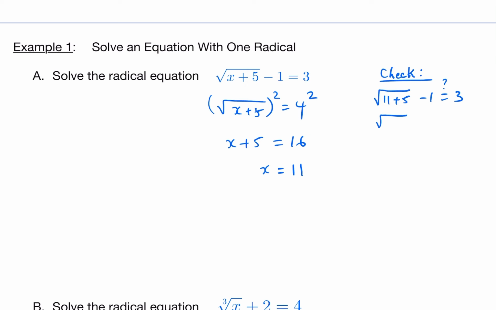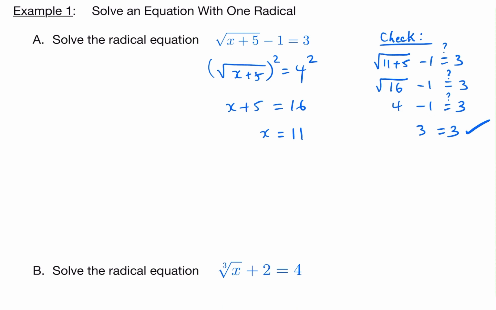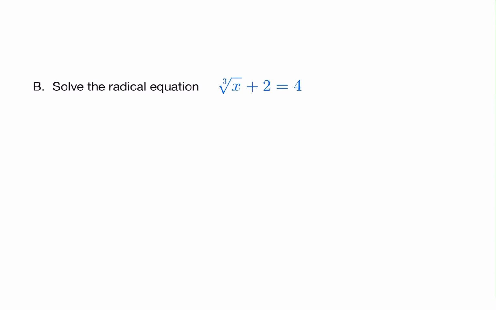Well, square root of 11 plus 5 is the square root of 16, minus 1. Square root of 16 is 4, minus 1 equals 3. And 4 minus 1 is 3, and that is equal to 3. So that checks out.